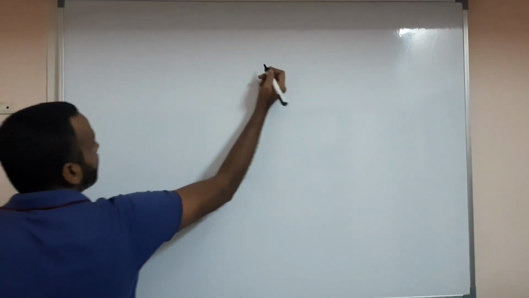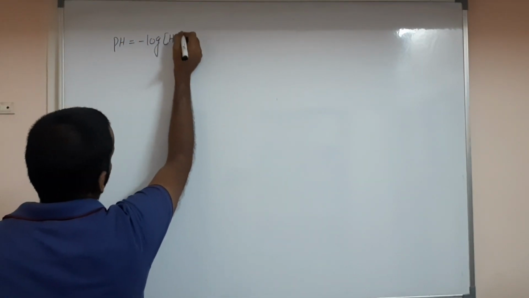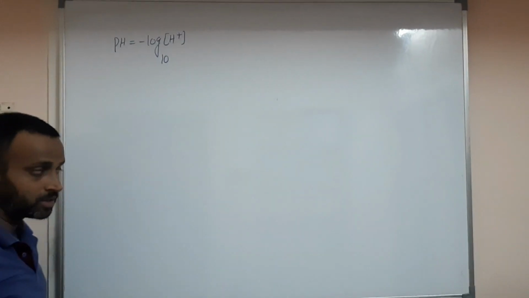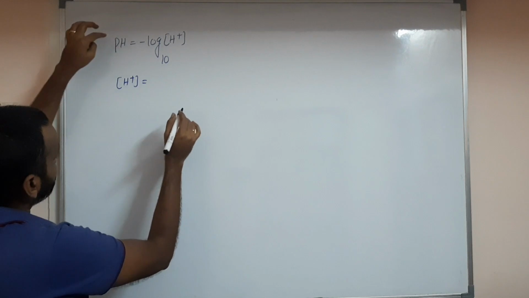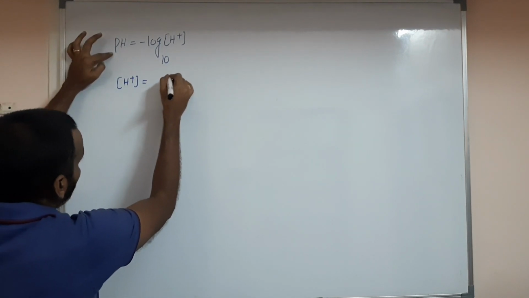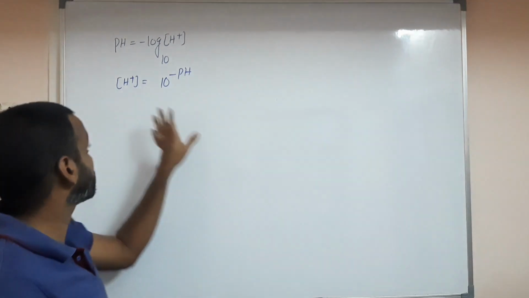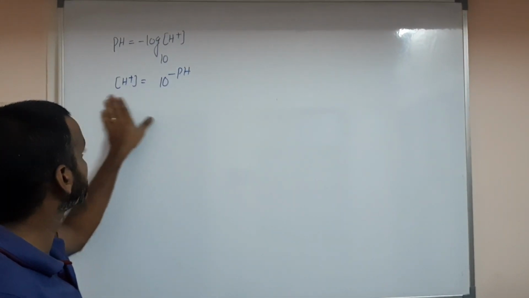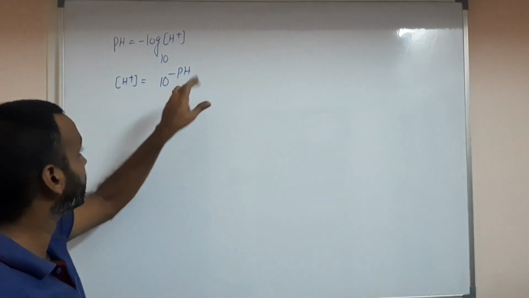So what is pH? It is the negative logarithmic value of the concentration of H plus to the base 10, right? Then what is the concentration of H plus? Concentration of H plus is equal to 10 power minus pH.